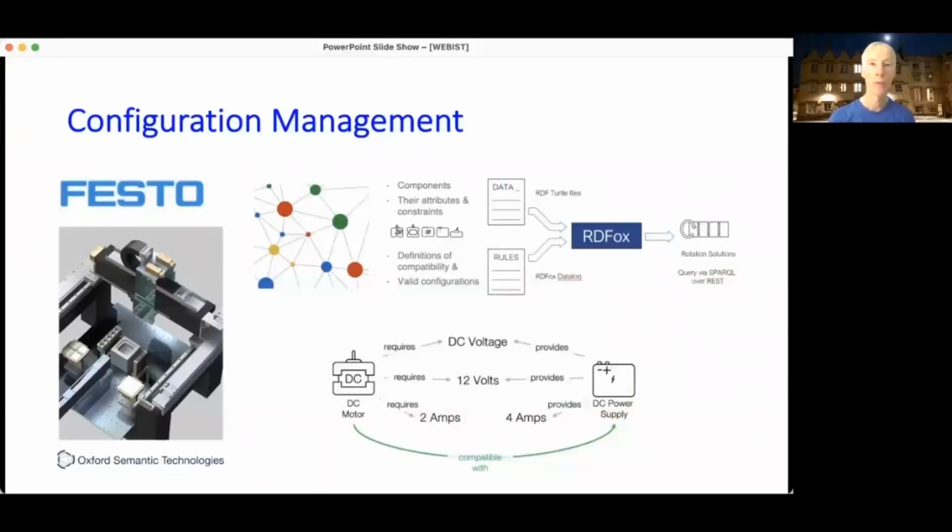For example, a rule might capture the knowledge that a motor is compatible with a power supply only if the power supply is of the appropriate voltage and provides at least as much current as is required by the motor. Although not directly related to the web, this system is now running live on Festo's website and supports interactive product selection, configuration, and pricing.